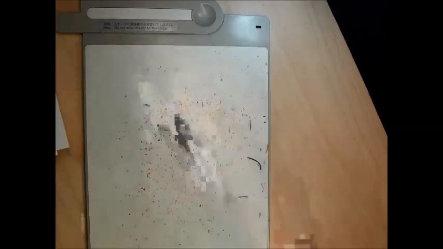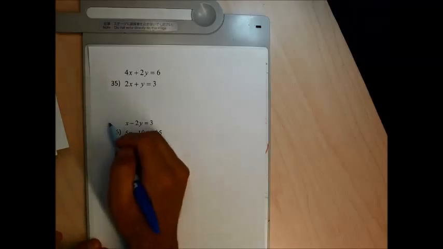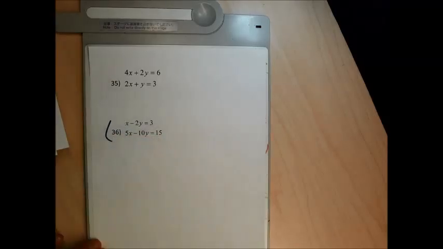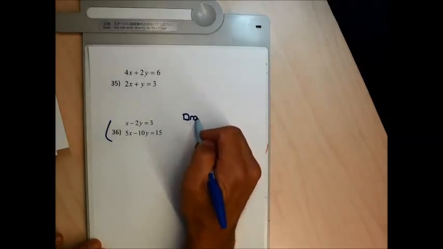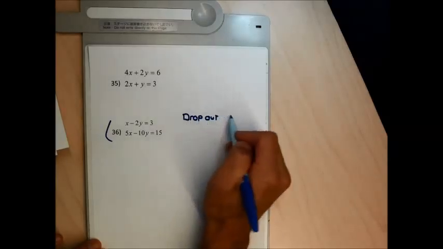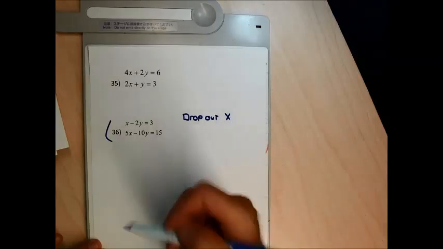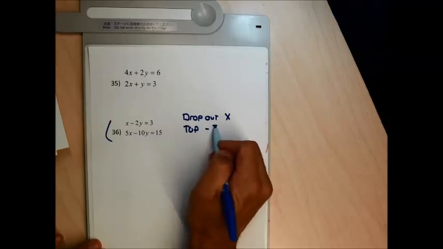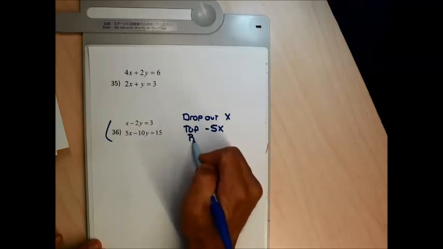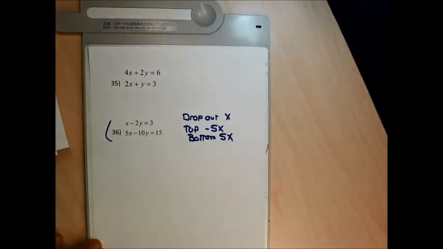And one more problem each for this video. Yours is easier than mine, so I'll do mine, 36, and you can do 35. I'm going to drop out the x's. Notice I'm not writing the steps so much, because once we get the concept down, we can just run through it. I'm going to make the top have a negative 5x and the bottom have a positive 5x.